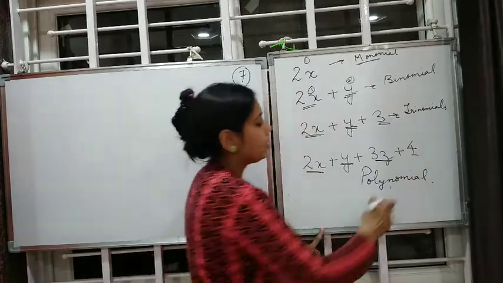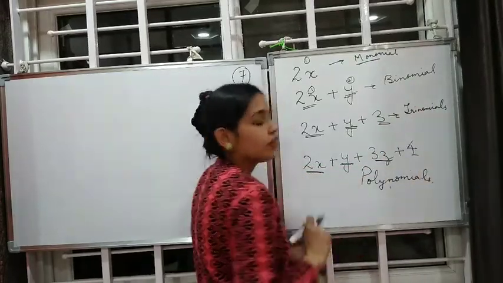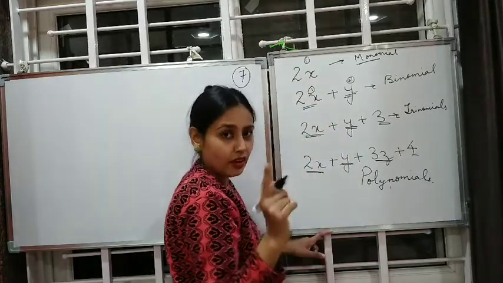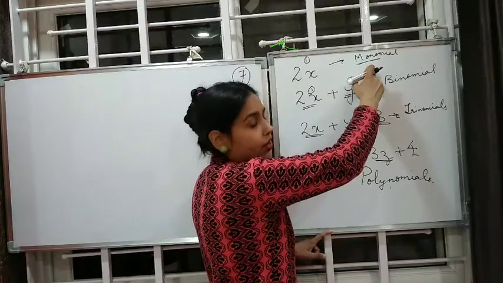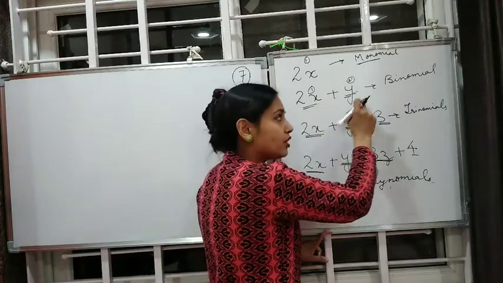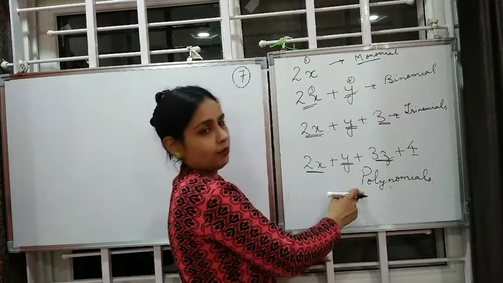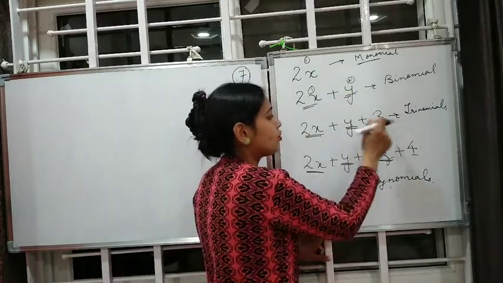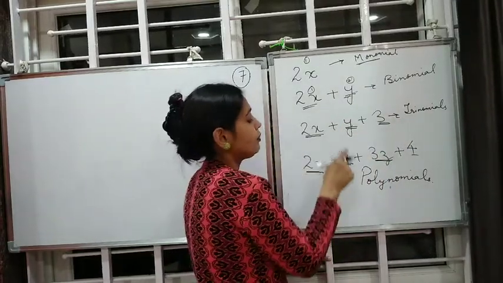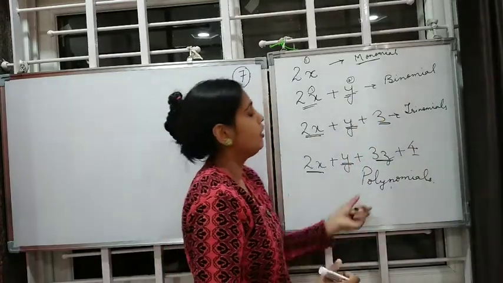Anyways, monomial, binomial, trinomial all come under polynomial. This is also a polynomial, but since it has only one term, it is also a monomial. 2x plus y is also a polynomial, but since only 2 terms are there, it's a binomial also. 2x plus y plus 3 is a polynomial, but since it has 3 terms, it is a trinomial also. Now, 2x plus y plus 3z plus 4 has more than 3 terms. Hence, it is a polynomial.